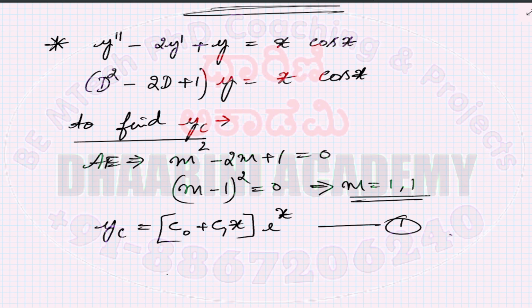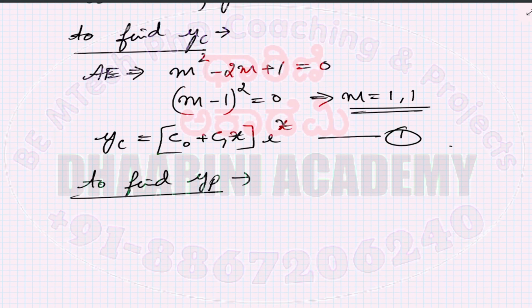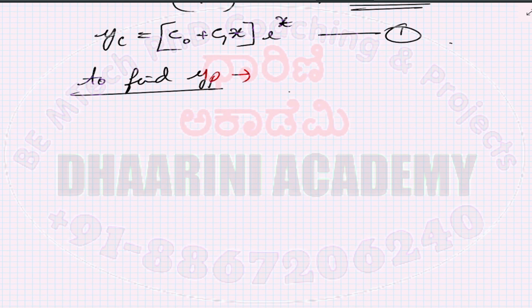Then we need to find the yp. To find yp, the yp is equal to the phi of x given in the equation divided by f of d.